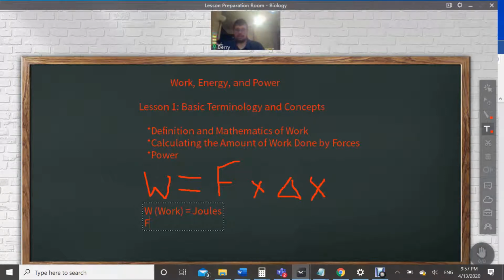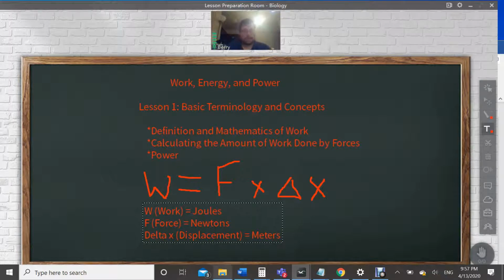Of course, we know that force, we should be so familiar with this unit already. It's newtons. And then we're going to say delta x, displacement, is equal to meters. This is going to be our units.